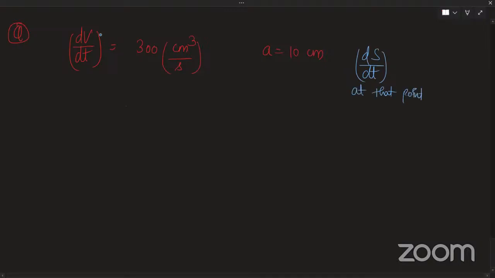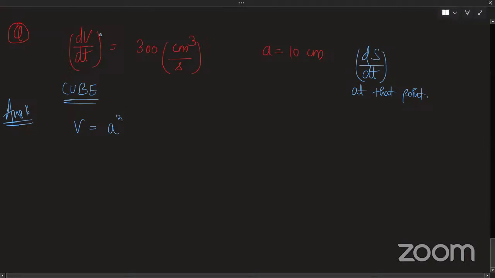Can we do it? It is a cube. Instead of drawing the cube every time, I will just write cube. Can you write your volume as a function of your length, V of A? It's A cube.